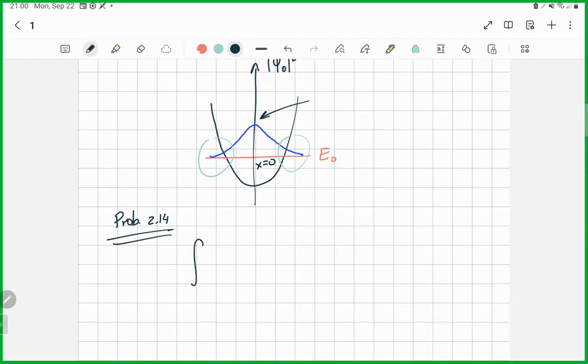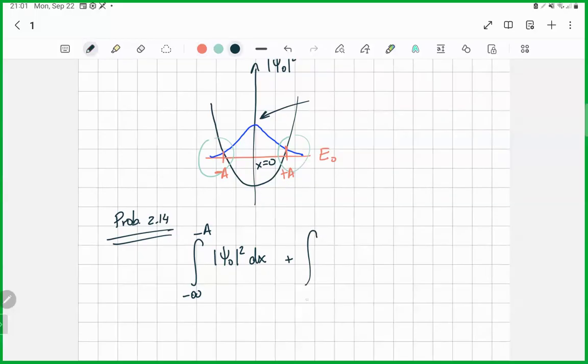It is the region here, from minus infinity to minus a, and we are thinking here about the ground state. So this is the forbidden region, and the forbidden region is also here, beyond this amplitude plus a.